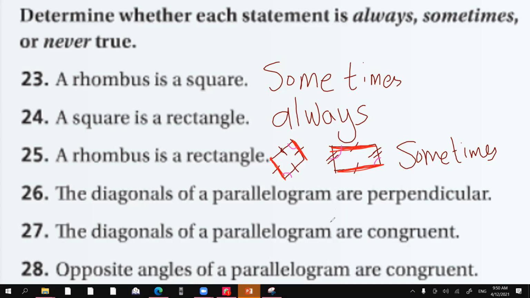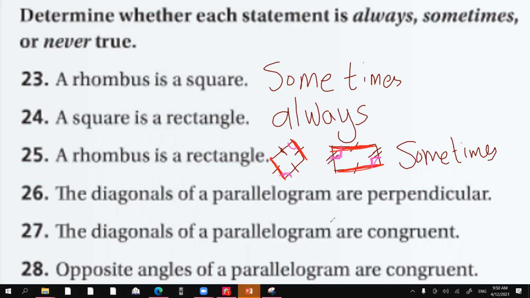So they are the same, but something small here: in the rectangle we have right angles, and in the rhombus we don't have right angles. That's why I don't say always. I say sometimes.